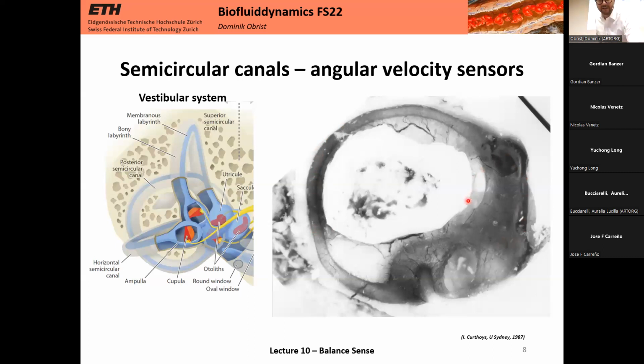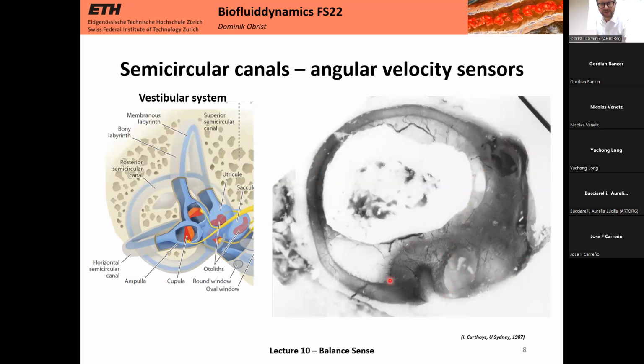This large thing here is the utricle, where one of the otoliths is sitting. So the otolith organ is sitting about here. The utricle itself is just a large chamber to which all three semicircular canals connect, and it also hosts the otolith. So everything is a bit packed up.